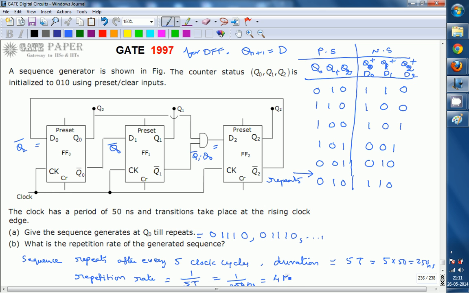Repetition rate is the rate at which the sequence repeats. The sequence repeats after every 250 nanoseconds, and the frequency is the reciprocal of that, which is 4 megahertz. So the sequence generated at Q0 is 0 1 1 1 0 and the repetition rate is 4 megahertz for the given question. Thank you.